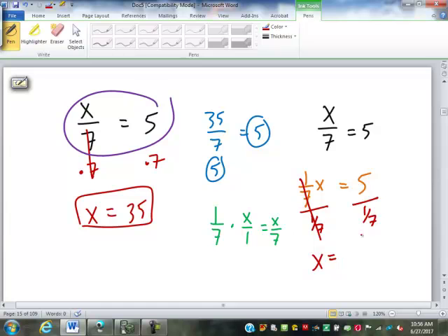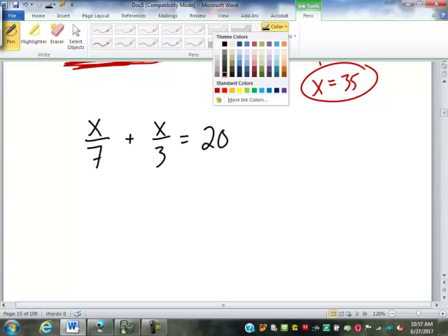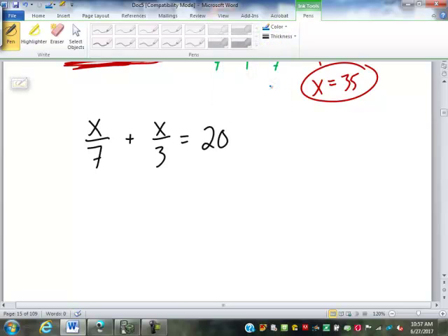Well, 5 divided by 1/7 is still 35. So in this case, it's probably simpler to look at it as being divided by 7. However, we will run into problems like this: x over 7 plus x over 3 equals 20.